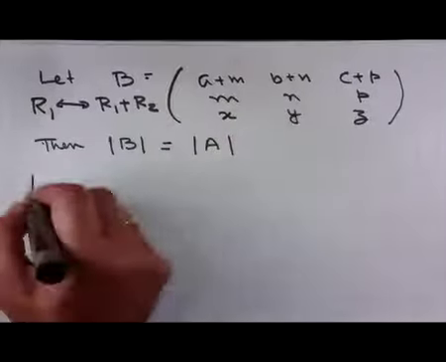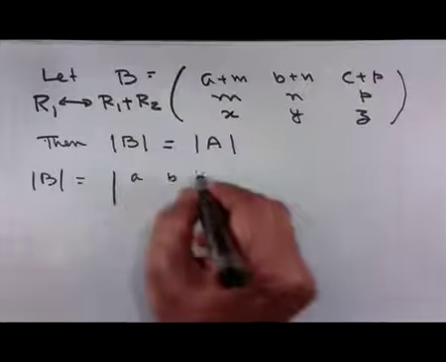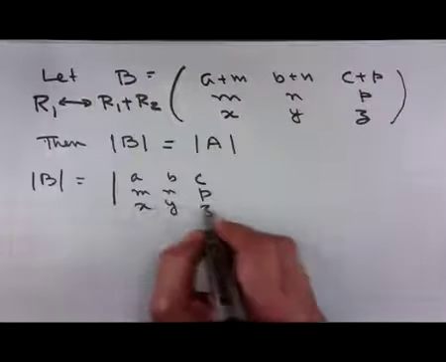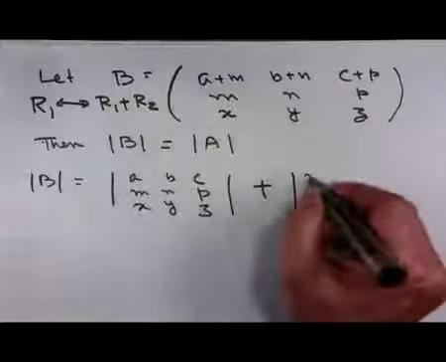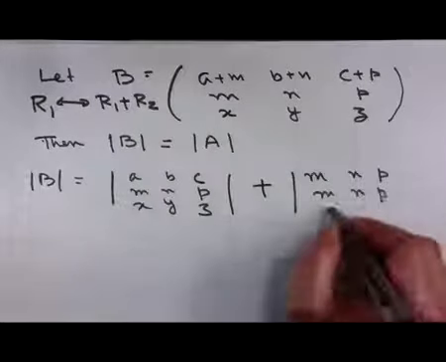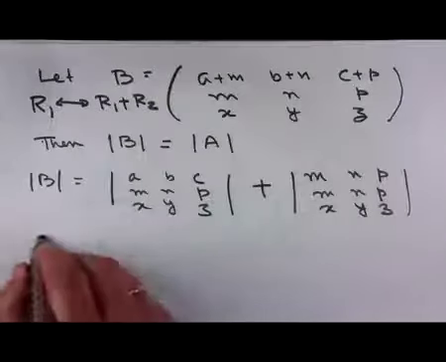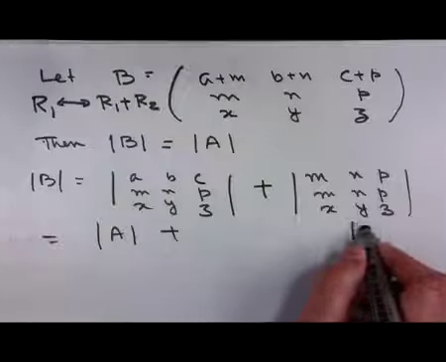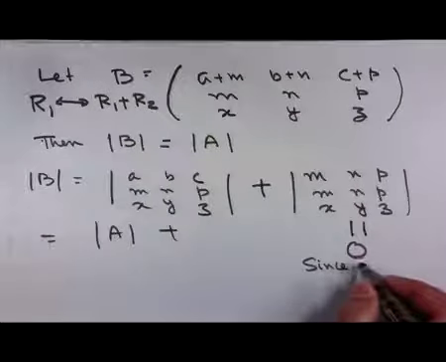So, the determinant of B can be written as the determinant of the matrix a, b, c, m, n, p, x, y, z plus the determinant of the matrix m, n, p, m, n, p, x, y, z, which is equal to the determinant of A plus the determinant of this matrix, which is equal to 0, since two rows are identical.